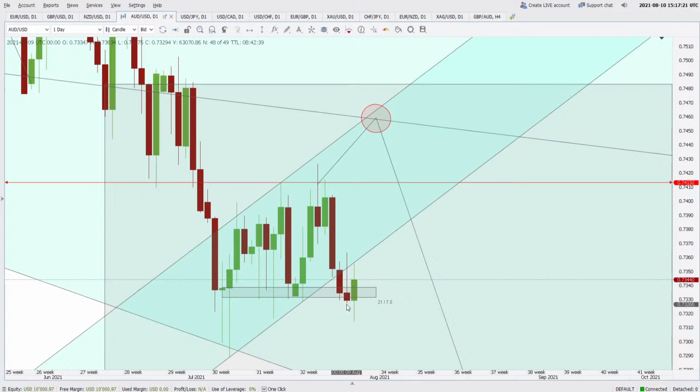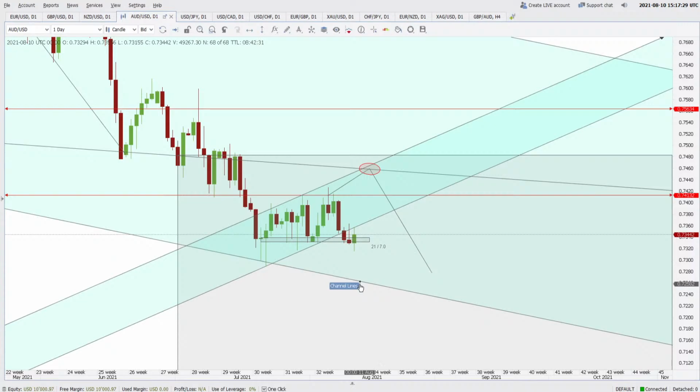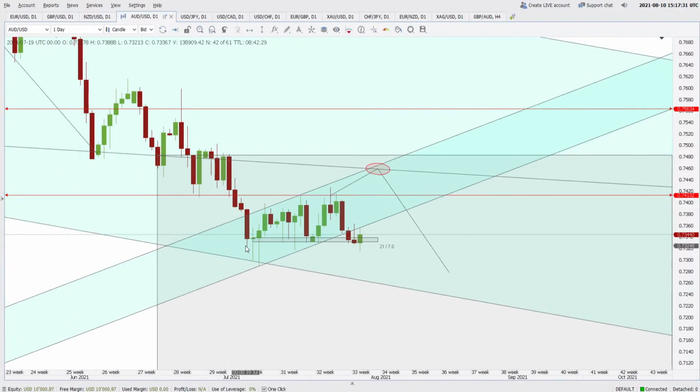Bearish pin bar yesterday at the resistance was suggesting that there should be some follow through. The follow through came, but it could not go much further down, because there was a support region already here. So the price is now sitting at the support, but also at the rising channel's support line, which is acting as a resistance now. So it is again in between, in an area of congestion.